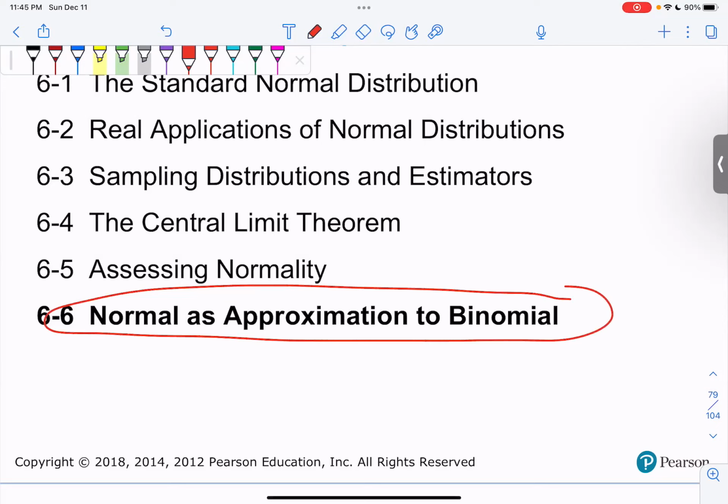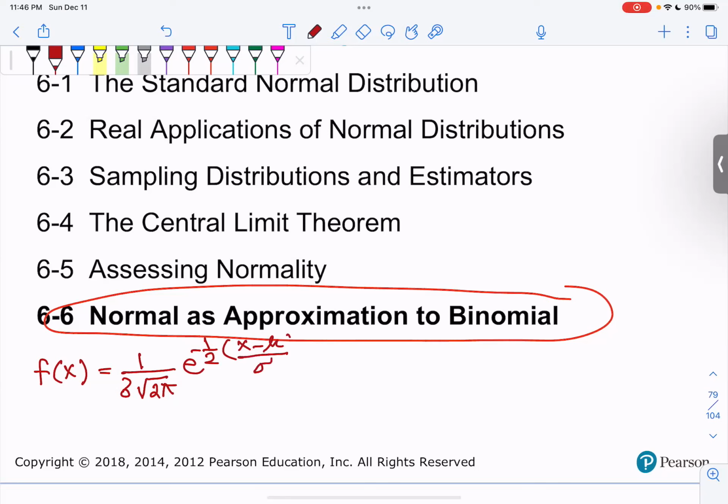So remember, I will remind you that the probability density function of normal distribution is equal to 1 divided by sigma square root of 2 pi, e to the negative 1/2 times (x minus mu divided by sigma) squared, where x is any value from negative infinity to infinity.